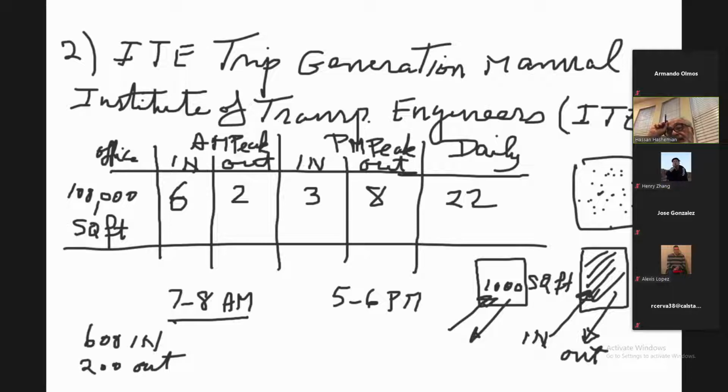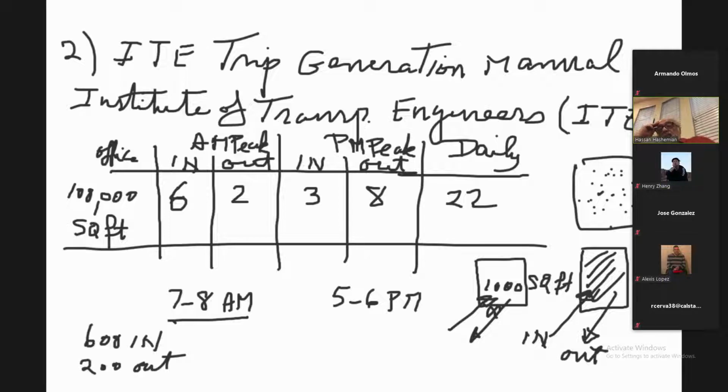Where do they get this data? Well, they have gone to maybe 1,000 McDonald's, stand by the door, and collect the data between 7 to 8 and 5 to 6 p.m. So they did those collections, and then they found the trip rate.